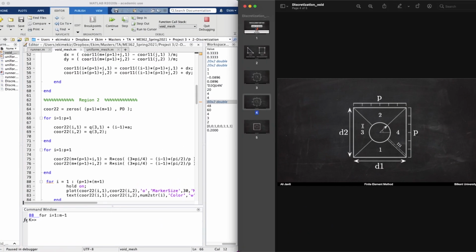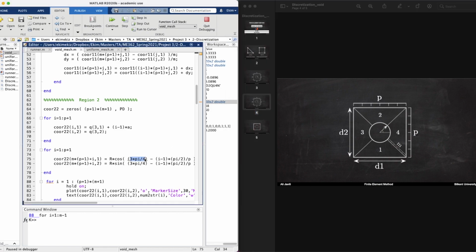So firstly, we start from this corner, and this corner is, now this was pi over 4, so 1, 2, 3 pi over 4. So we have 3 pi over 4. Now we are moving in this direction, so we should now subtract the angle increment.